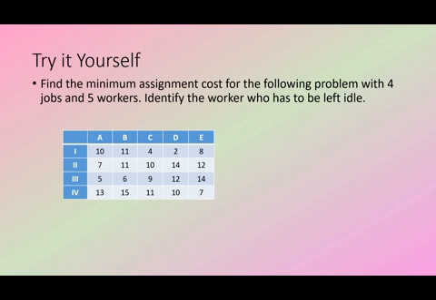So identify the worker who has to be left idle. The cost matrix given is 10, 11, 4, 2, 8, 7, 11, 10, 14, 2, 12, 5, 6, 9, 12, 14, 13, 15, 11, 10, 7. Right? Hope you will be able to solve the problem.